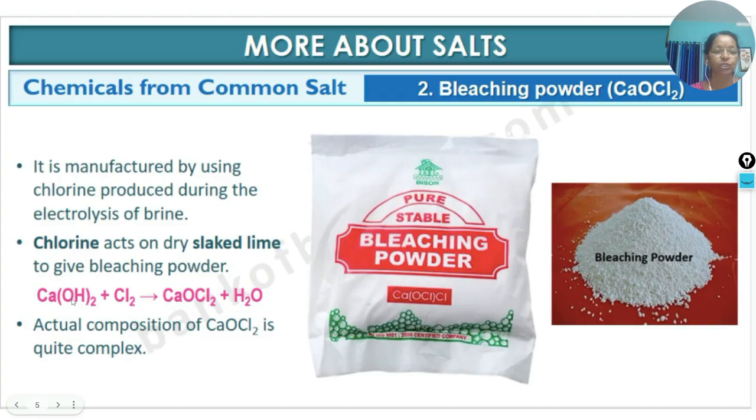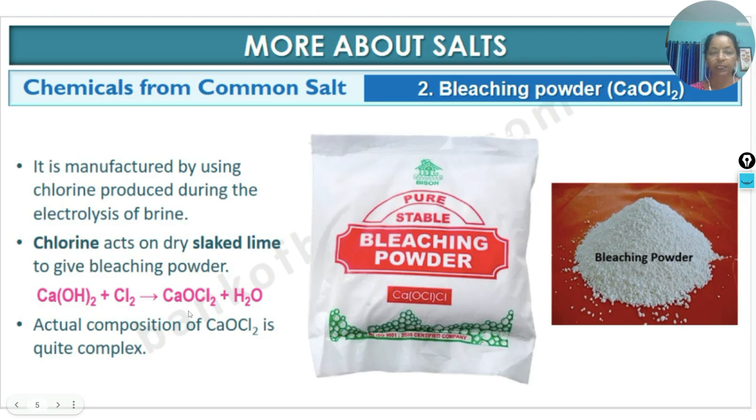Pass chlorine gas through dry slaked lime, dry is very important, to get bleaching powder. Ca(OH)2 + Cl2 gives CaOCl2 + H2O, calcium oxychloride, which is bleaching powder. Actually the composition of bleaching powder is very complex, but we have to keep in mind the formula CaOCl2.